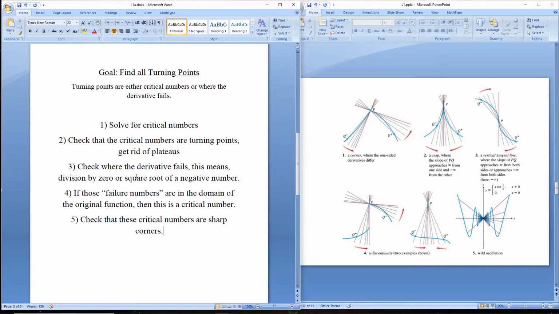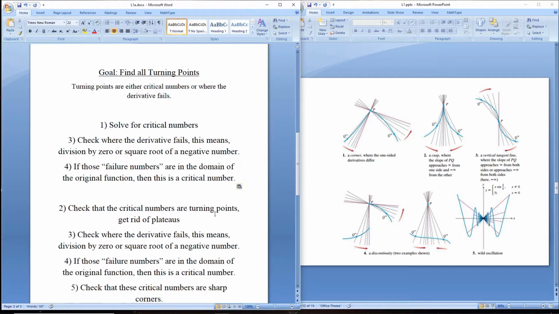So this is the logic of what we're going to do, but the mathematical work that we actually do isn't quite in this order. We tend to solve for critical numbers first, and then we'll do steps 3 and 4 next.